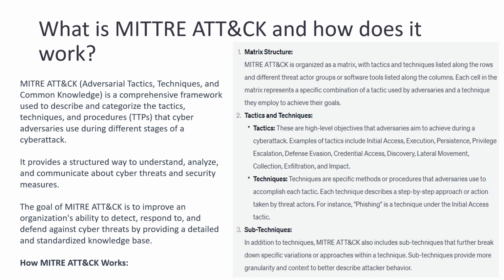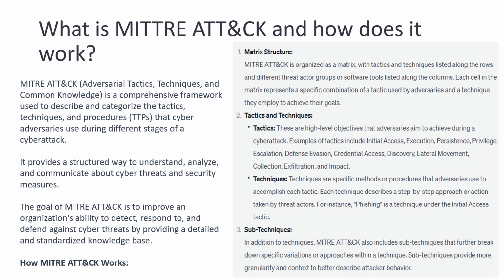Each cell in the matrix represents a specific combination of a tactic used by adversaries and a technique that they employ to achieve their goals. So, tactics and techniques. Tactics are high-level objectives that adversaries aim to achieve during a cyber attack.